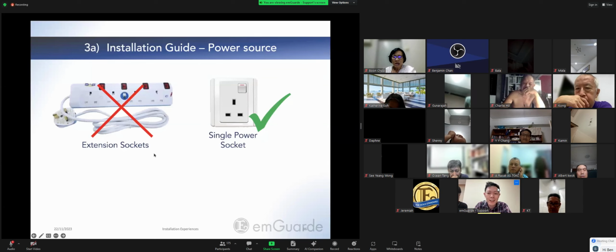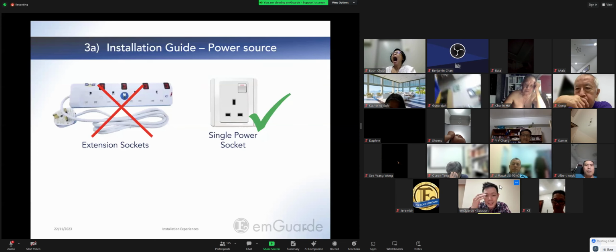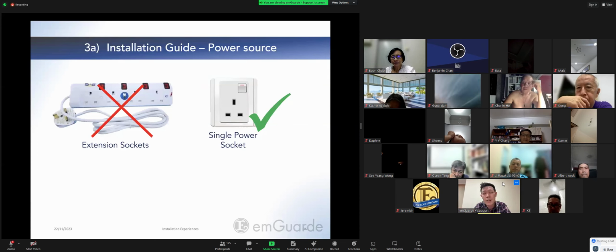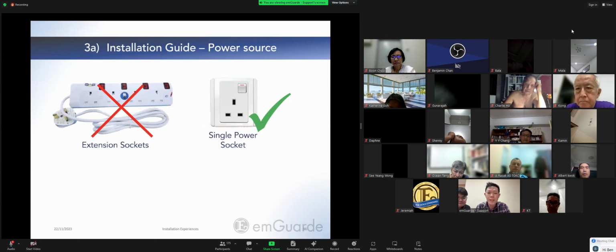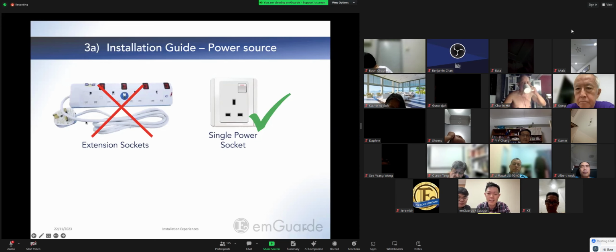That is why we choose a single power socket: some of the electronic gadgets may have different ampere and current, so it may affect the emGuarde's coverage.